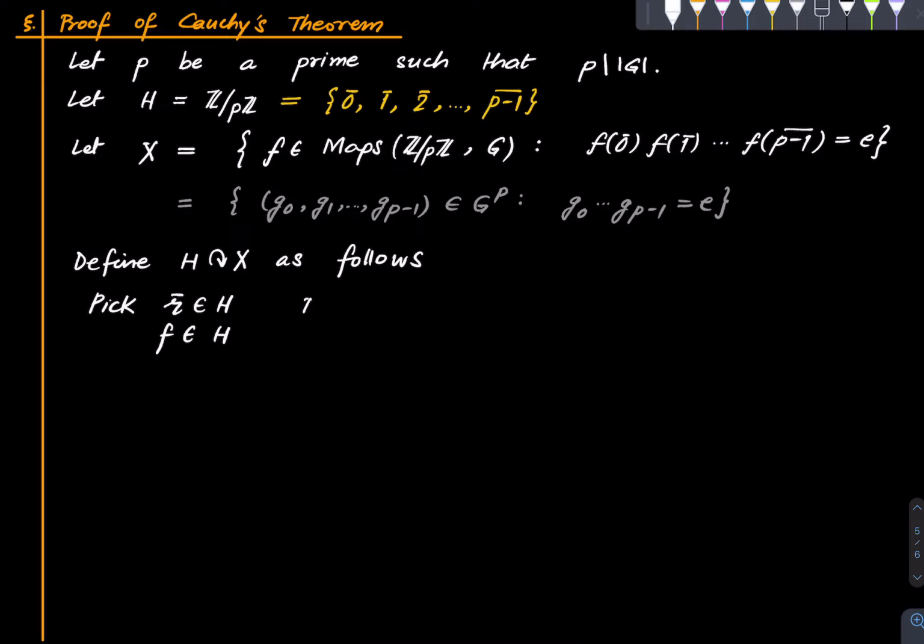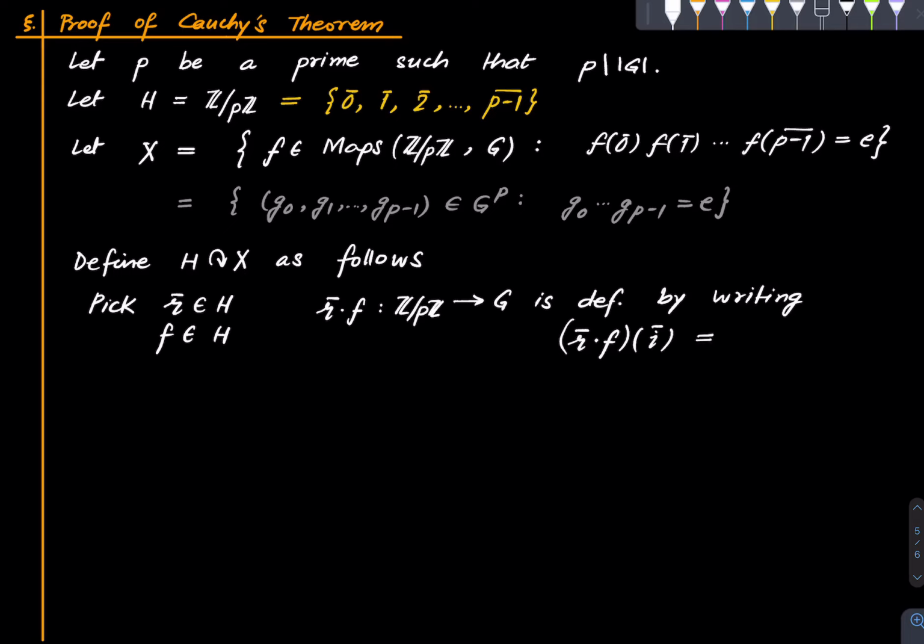Then define r bar dot f as another function, of course, as follows: r bar dot f of, let's say, i bar is equal to f of i bar plus r bar. So that's how we define it.